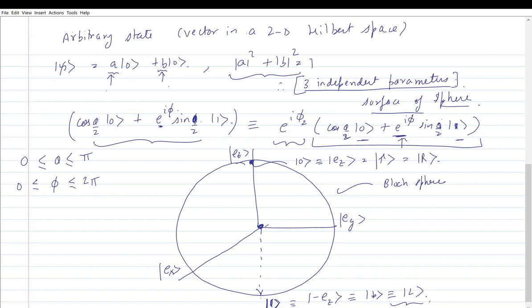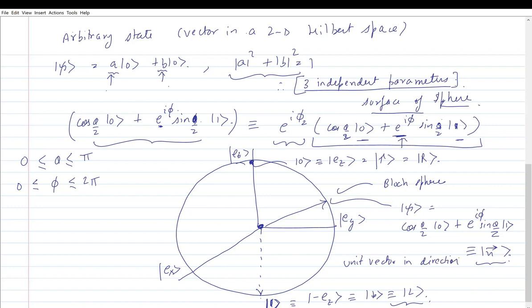In general, any state on the surface of the sphere, as we have already seen, is going to be cosine theta by 2 |0> plus e to the power of i phi sine theta by 2 |1>, a unit vector in the direction n. That's how I represent it by n.